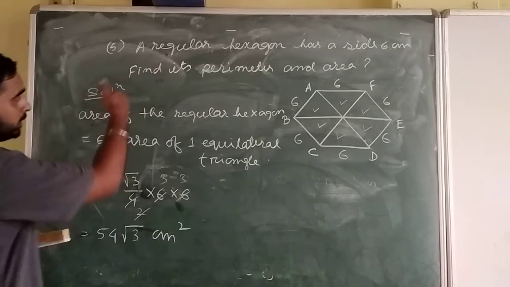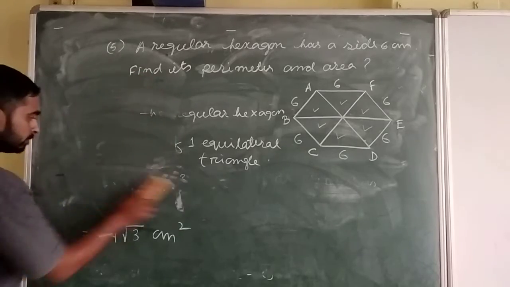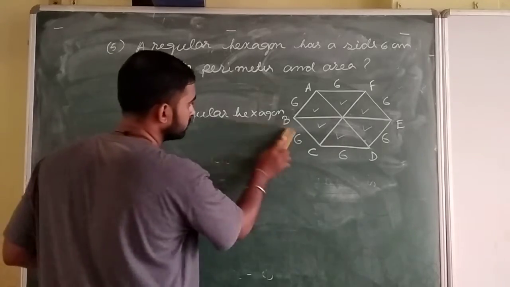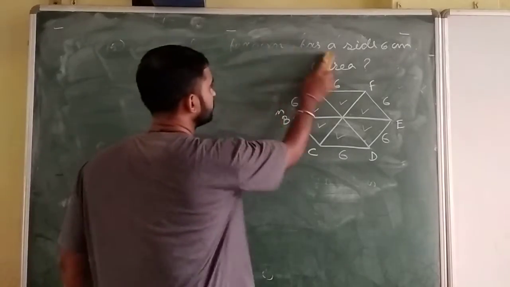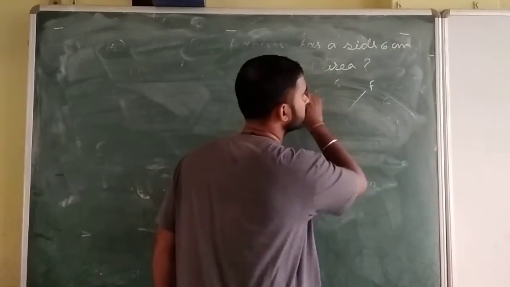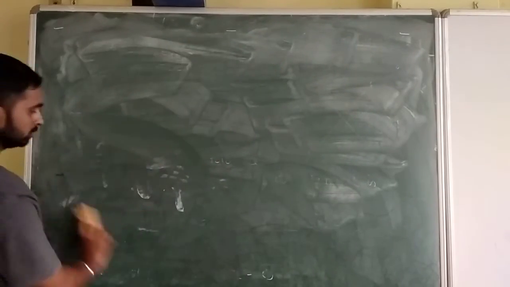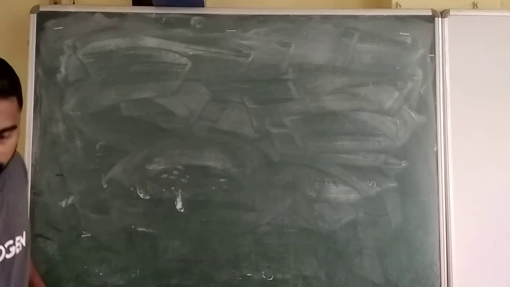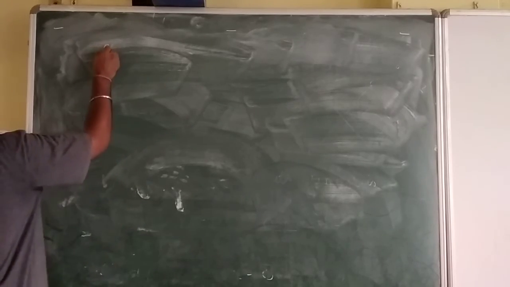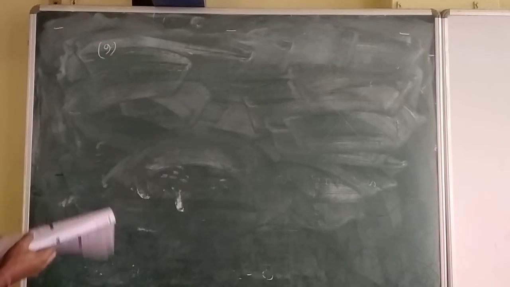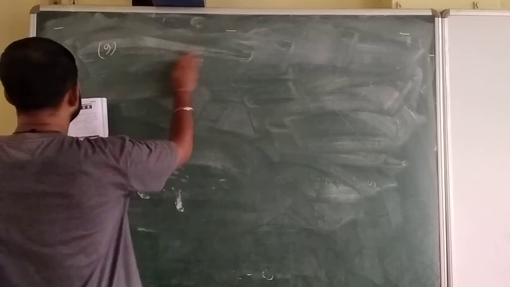If it is not mentioned, then you can proceed in this way also. Now, the last question of Heron's formula. If you have any kind of doubt, then ask me in the doubt session.